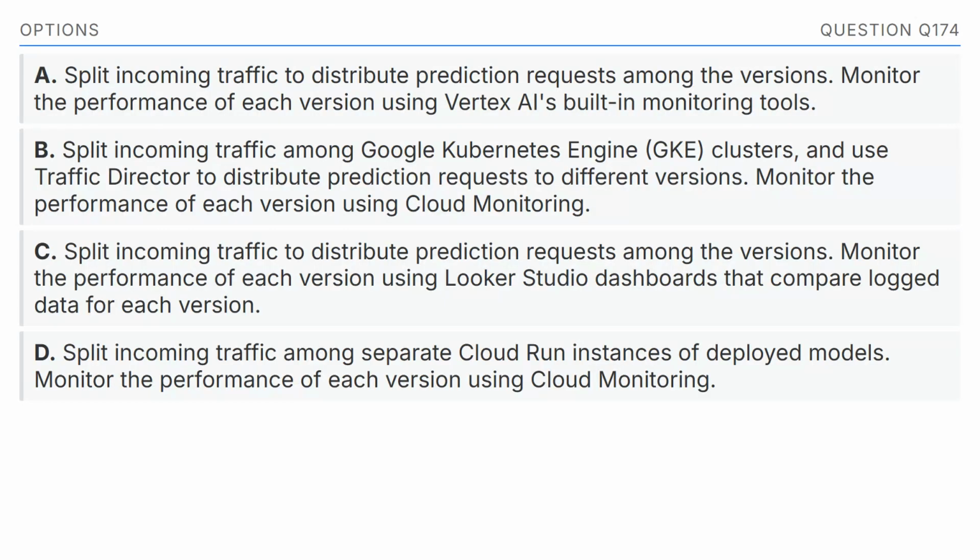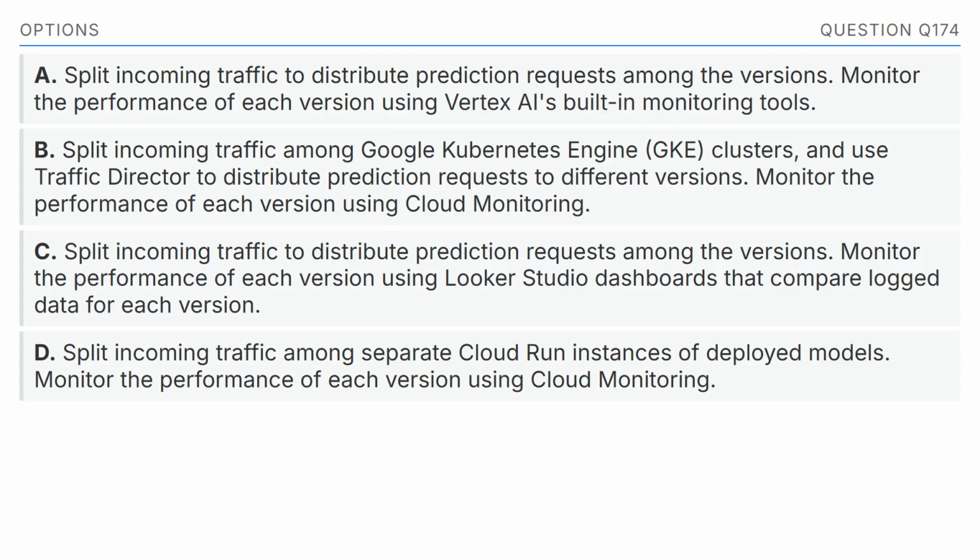The options are: Option A, split incoming traffic to distribute prediction requests among the versions. Monitor the performance of each version using Vertex AI's built-in monitoring tools. Option B, split incoming traffic among Google Kubernetes Engine (GKE) clusters and use Traffic Director to distribute prediction requests to different versions.